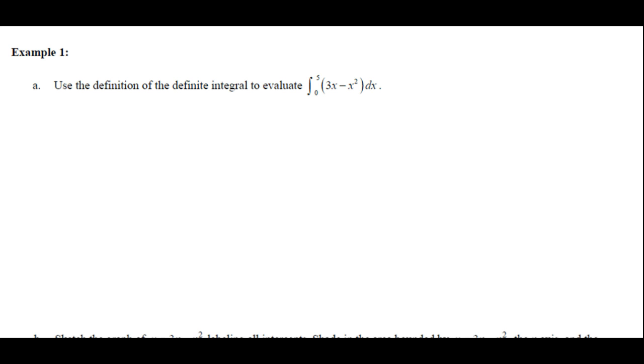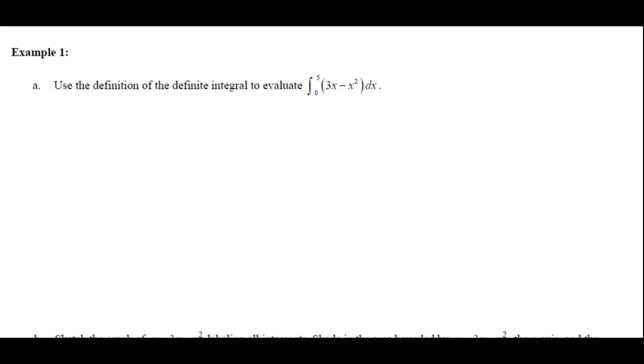Use the definition of the definite integral to evaluate the integral from 0 to 5 of 3x minus x squared dx. We've done this, if you remember the botched up one, so we'll do this one cleanly.